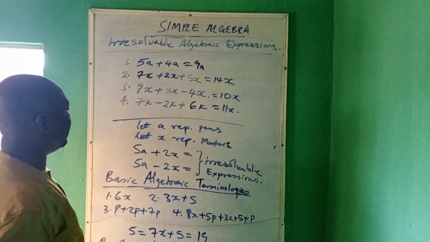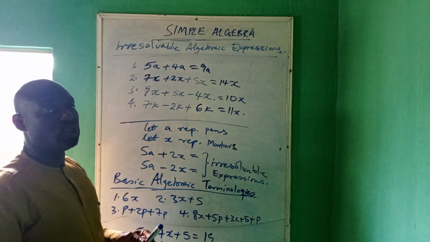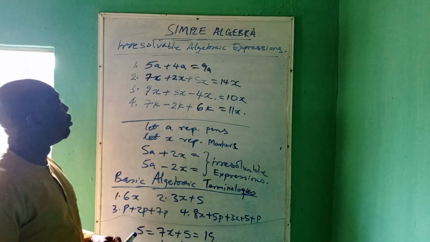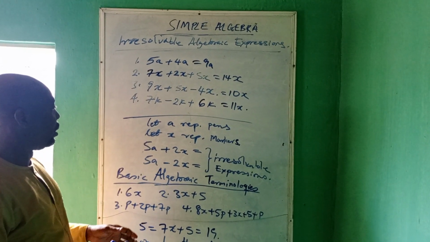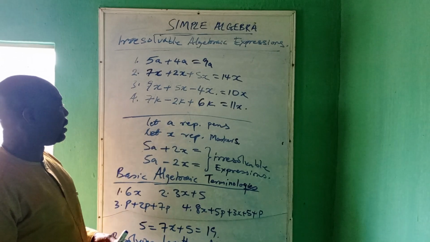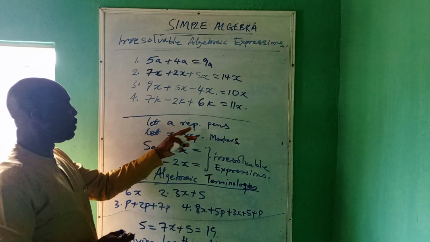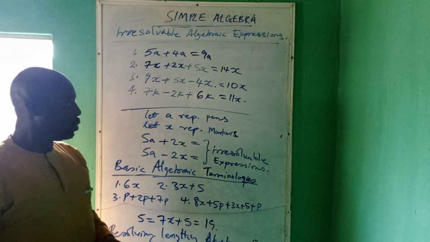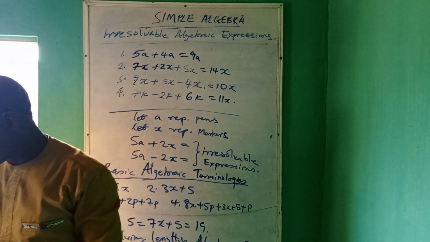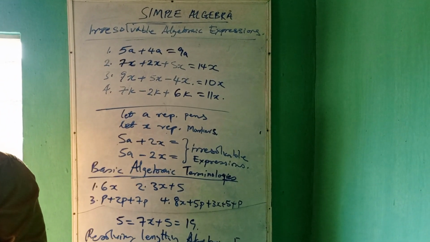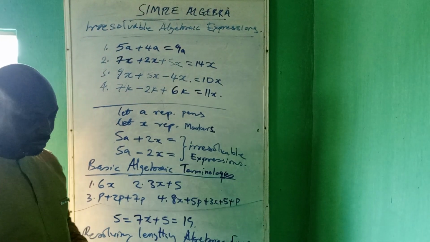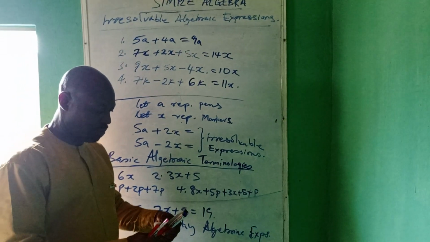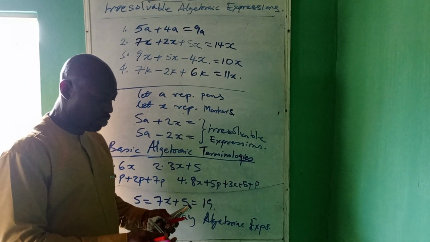Then we now go into what we have more for today: irresolvable algebraic expressions. Let A represent pens and let X represent markers. So we have our pens and markers.